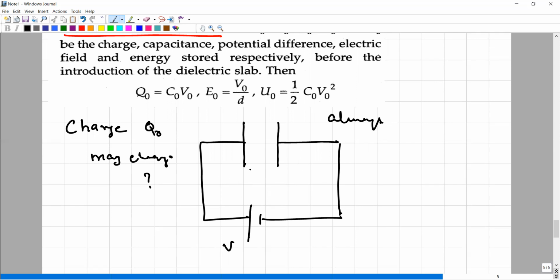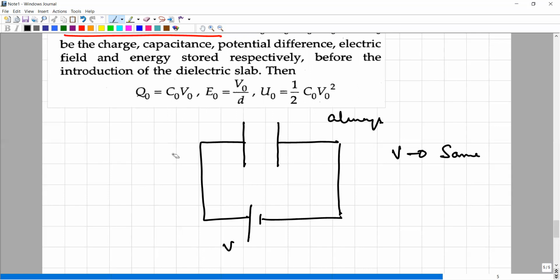Not like the isolated case where the capacitor was not connected to anything. Here, the capacitor is connected to the cell, so charge can be provided to the capacitor anytime. That means the charge Q naught value is going to change, but the potential value will remain the same. So charge may change and potential remains the same.